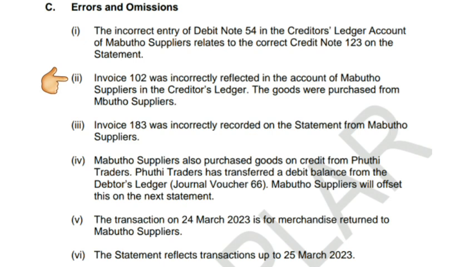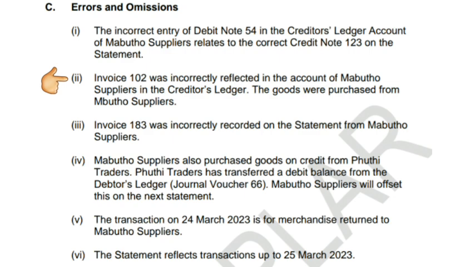So this means that this invoice was not supposed to be in our creditors ledger because it's not coming from Mabuto Suppliers. Basically, we took a credit that we owe to another business and put it in Mabuto Suppliers because of the similarity in the name. It's Mabuto and Mbuto. So that means invoice 102 is not supposed to be there.